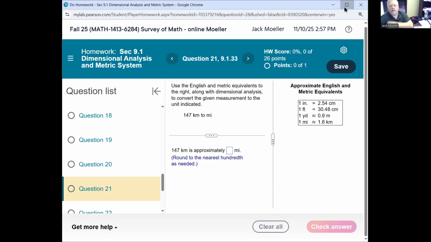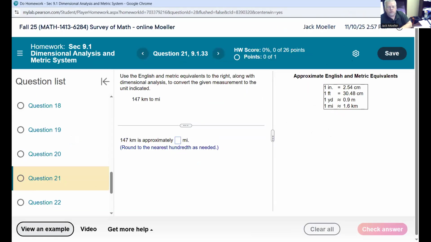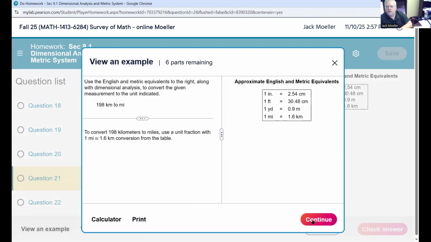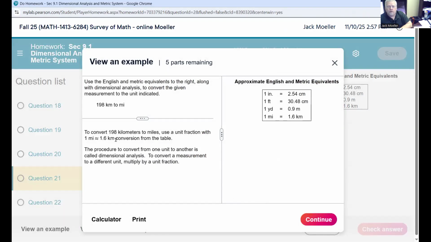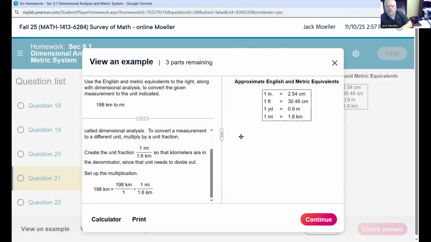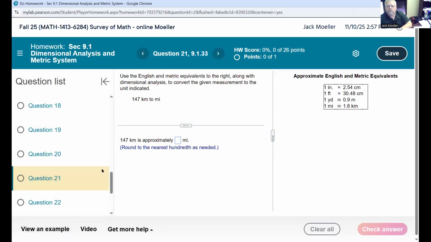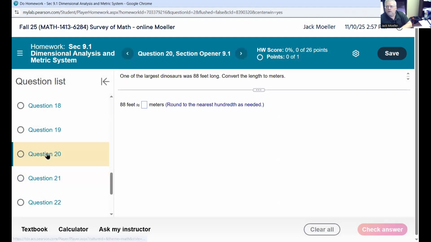And again, when in doubt, if you go to the example, they'll have the conversion in the problem for you. Like here, this one here, they want feet to meters. If you're not sure, the one I gave you on my formula sheet was 3.28.